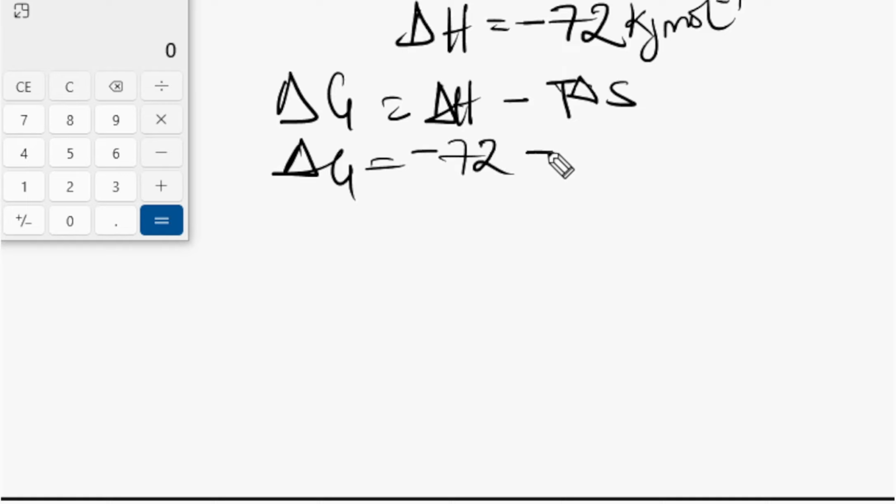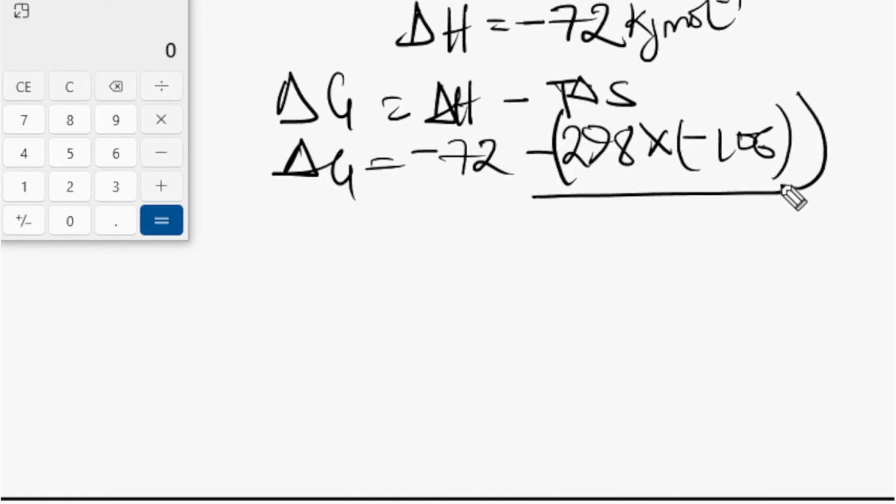So here we're going to have our delta G to be negative 72 minus the temperature, that's 25 degrees plus 273, that's 298. Then this will be multiplied by delta S, which is negative 106. But guys, in this situation, this is in joule per mole, so we have to convert to kilojoules per mole by dividing this by 1000.